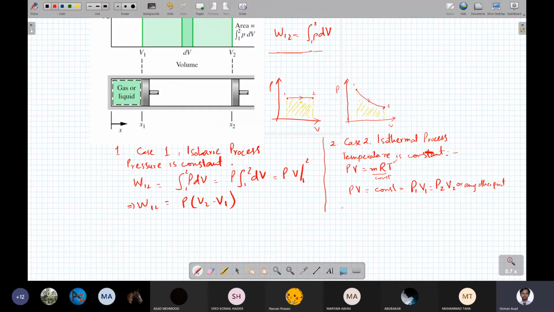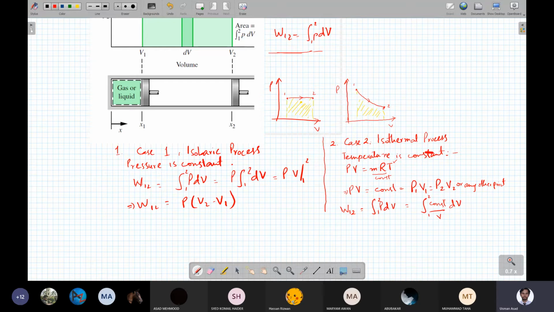So here the work done is once again the integral of PdV, where you can replace P by that constant divided by V. From this equation up here, you can replace P by constant over V. Okay? We always do it this way.